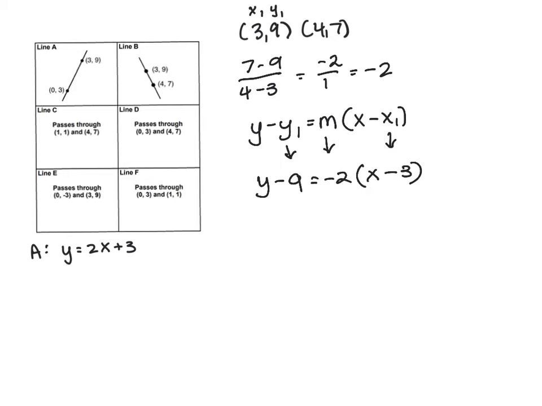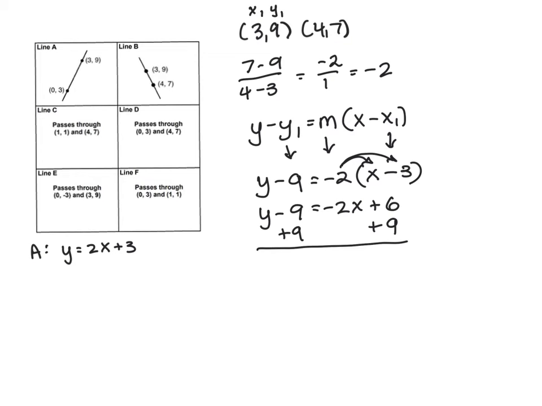My second step is to distribute. What am I distributing? I'm distributing the negative 2. So for my second step, I get negative 2x plus 6, because negative 2 times negative 3 is positive 6. My third step is to add 9 to both sides, because I'm trying to isolate the variable.